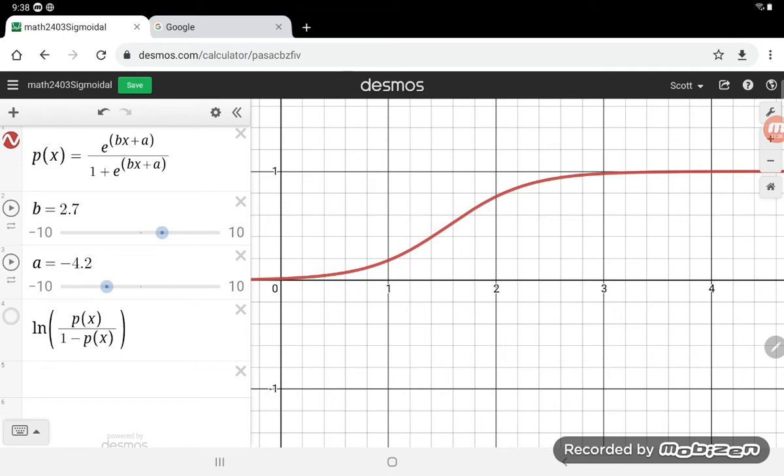But now notice, if we take the P of X over 1 minus P of X, that's what we call the odds ratio, the probability of success over the probability of failure. And then we take the log of it. That's what I did with the sigmoidal curve. Now I'll add it in there. Notice that is a straight line.